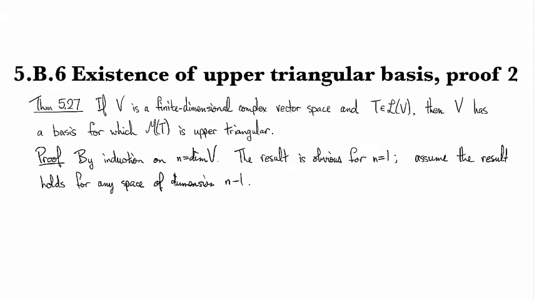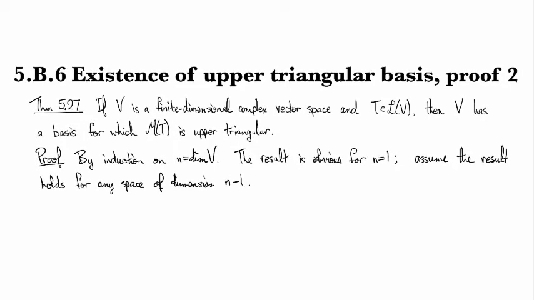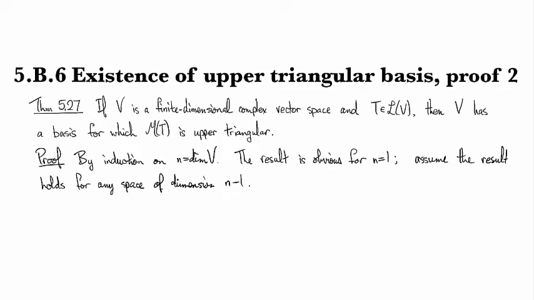So the other one was what was called a strong induction. We assume that it works for everything of smaller size. This is what's called a weak induction, where we just assume that it worked for the one on the previous step. Minor technicality. And completely unimportant.